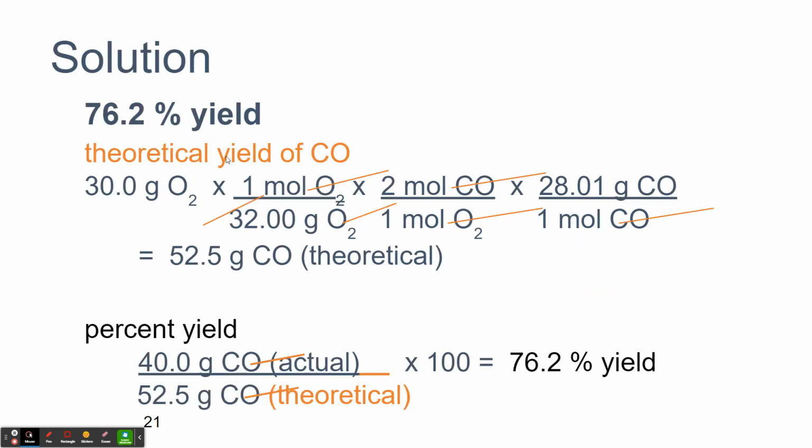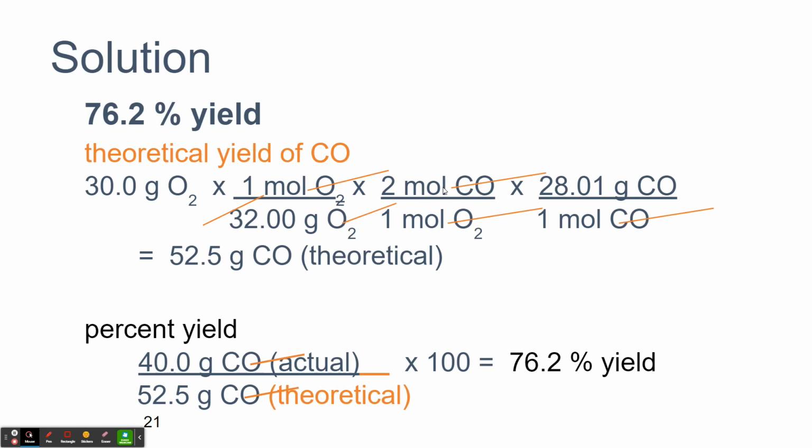So in order to figure out our theoretical yield or our calculated yield, we have to start from our limiting reactant. That's going to be 30 grams of oxygen. Alrighty, in order to get from grams to moles, because when in doubt, always convert to moles, we have to go by the molar mass. We have 2 oxygens, so that's going to be 32 grams per 1 mole of oxygen. Remember, our conversion factor should be equal. Now we have to use that balanced equation to get from oxygen to carbon monoxide.